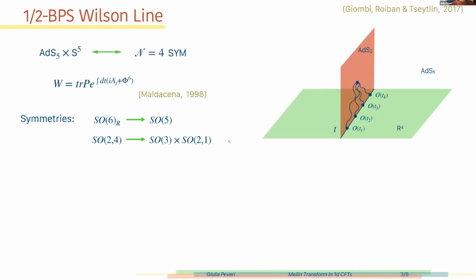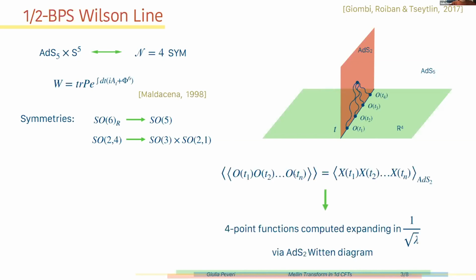The peculiarity of this setup is that the CFT correlation functions are expected to be reproduced by AdS2 string amplitudes evaluated in the string sigma model. We have a correspondence between O, the operator in the CFT, and X, some string coordinates that are small fluctuations transverse to this AdS2 minimal surface.